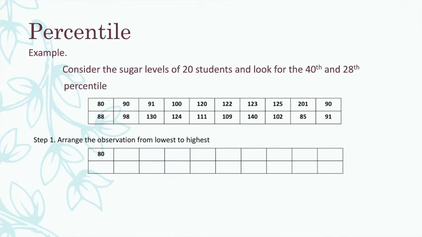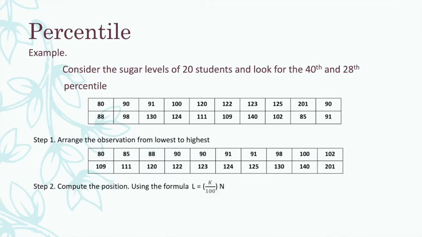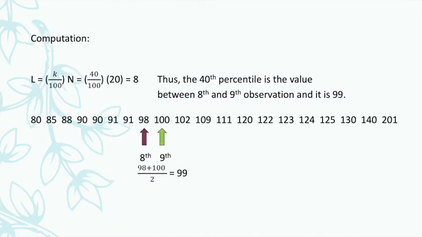Our answer here, 8, is a whole number. So L is 8, and thus the 40th percentile is the value between the 8th and 9th observation, and it is 99. Why is it 99? L is 8, so let us count this off: 1, 2, 3, 4, 5, 6, 7, 8.